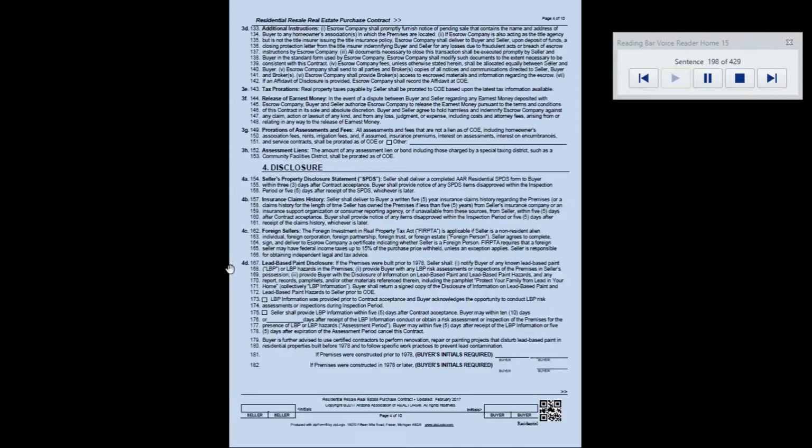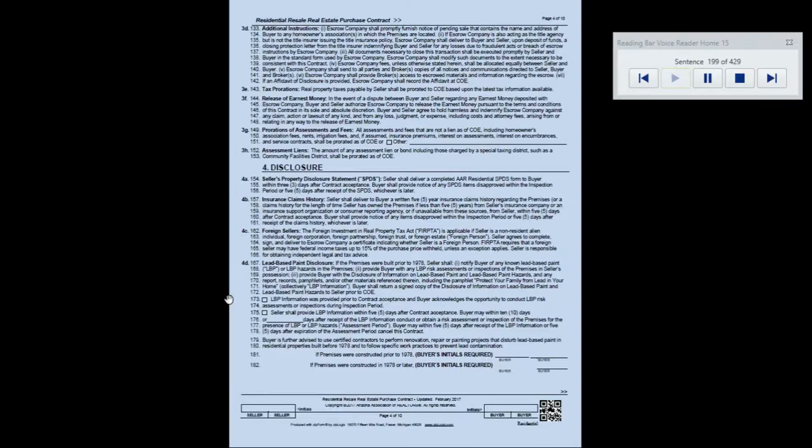Provide the buyer with the disclosure of information on lead-based paint and lead-based paint hazards, and any report, records, pamphlets and or other materials referenced therein, including the pamphlet Protect Your Family from Lead in Your Home, collectively LBP information. Buyer shall return a signed copy of the disclosure of information on lead-based paint and lead-based paint hazards to seller prior to COE.